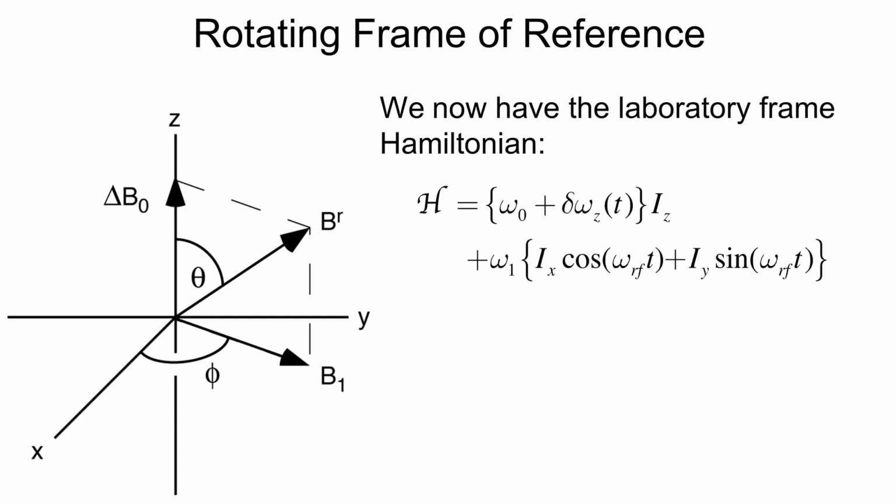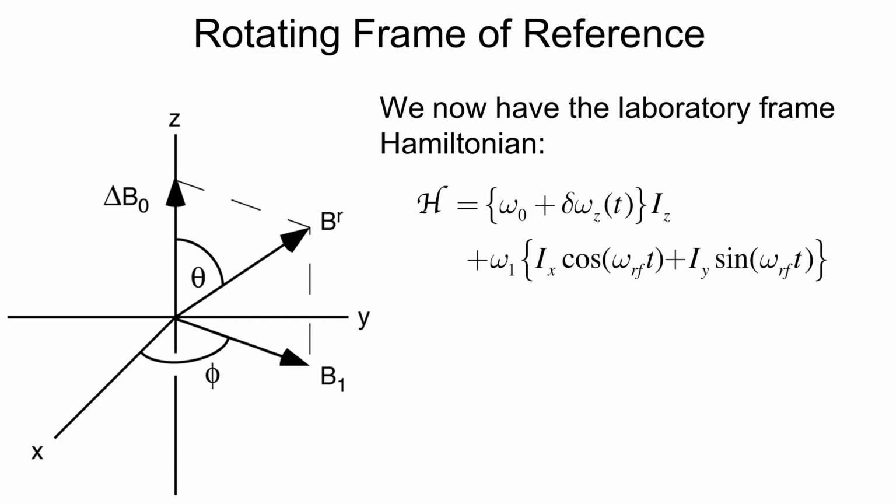Now back in the laboratory frame, before we switch to the rotating frame, of course the B1 field is circularly polarized, or at least the part that is effective in causing rotations of the magnetization is circularly polarized in the proper direction, and there's a counter-rotating field that we'll ignore.